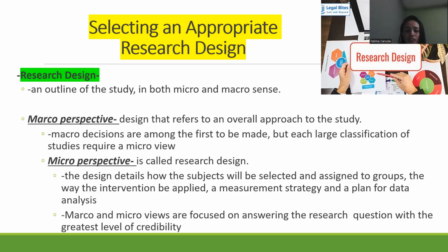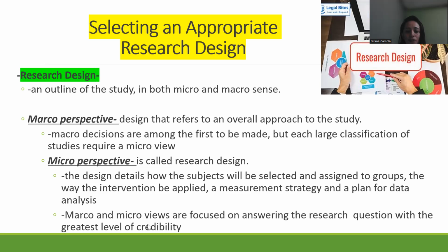Dealing with these choices requires a micro view. So before we could decide on the macro perspective, of what particular approach we will be using, we should have at least the micro perspective in mind. So we have to know what particular design from that approach is to be utilized in that study.